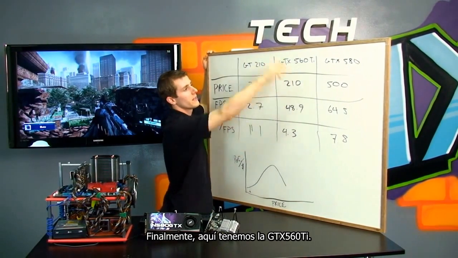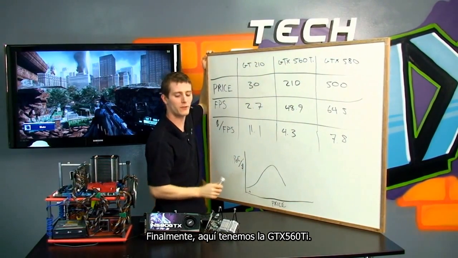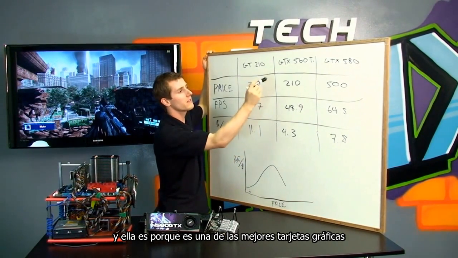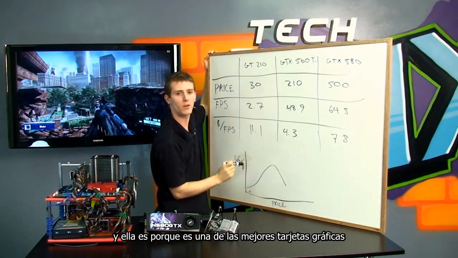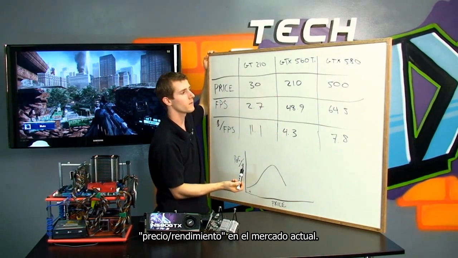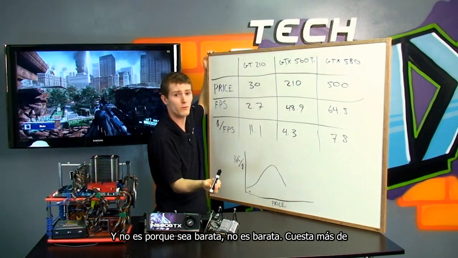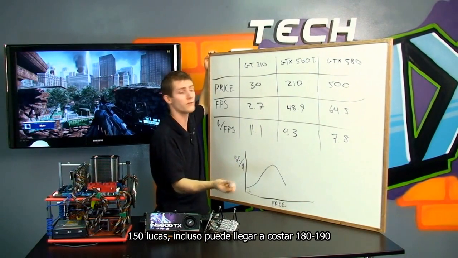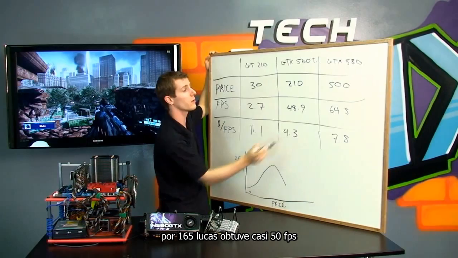Finally, here we have the GTX 560 Ti. Now there's a very specific reason I included the 560 Ti, and that's because it is one of the best value video cards on the market today. Not because it's cheap. It's not cheap. It's over $200, and it can be up to $250, up to $260 for some of the overclocked versions. But check this out.